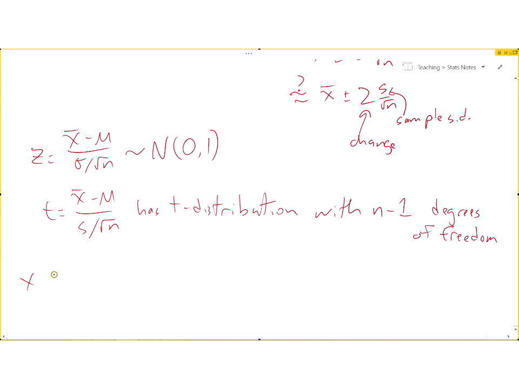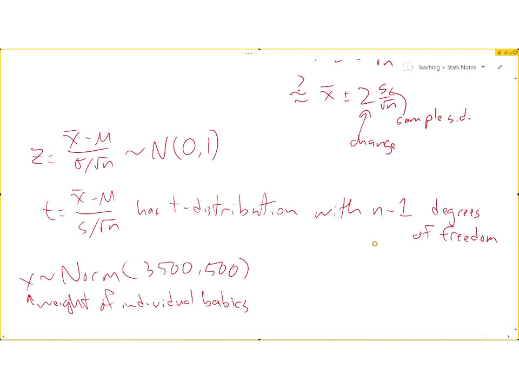In this case, the population was distributed normally, so we don't need a large sample size. So X is the weight of individual babies, and that's distributed normally with a mean of 3,500, standard deviation of 500.